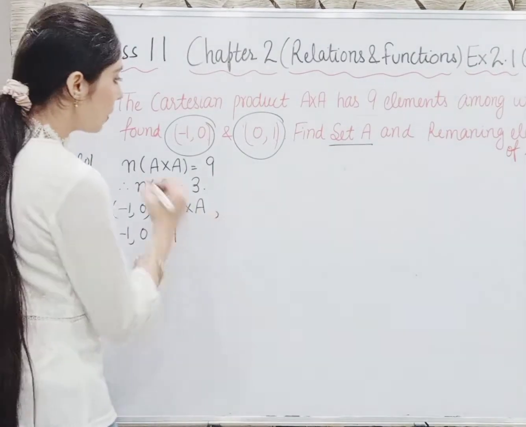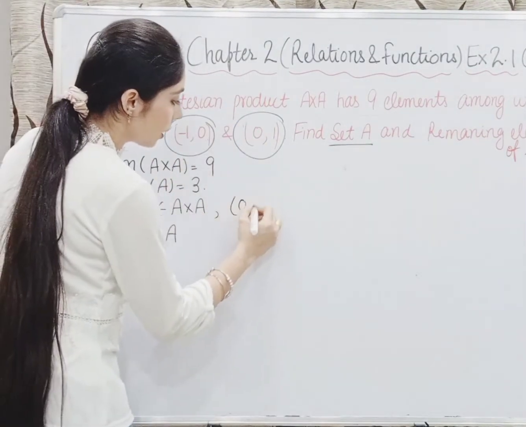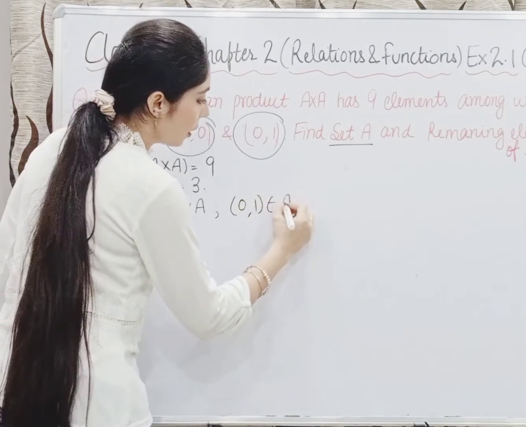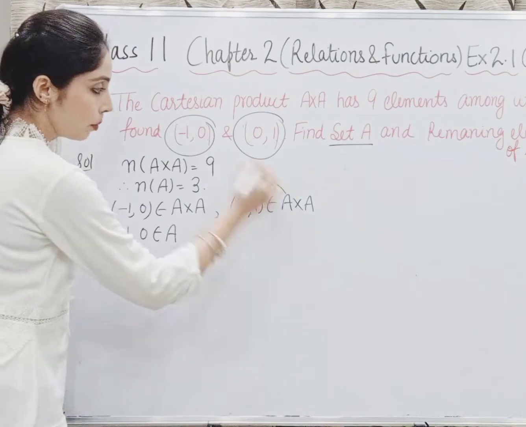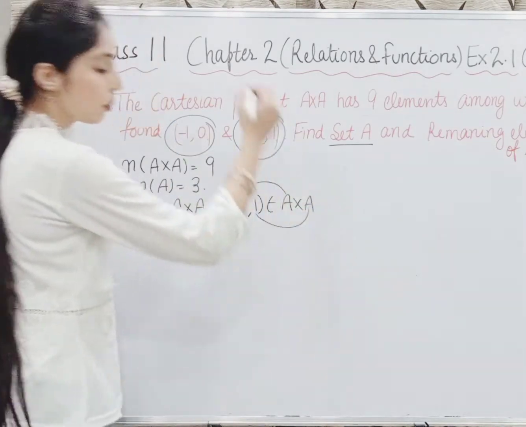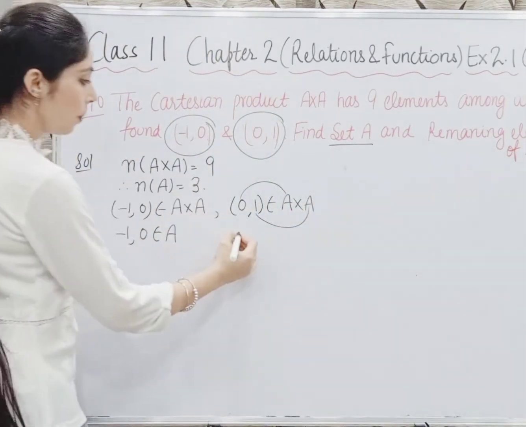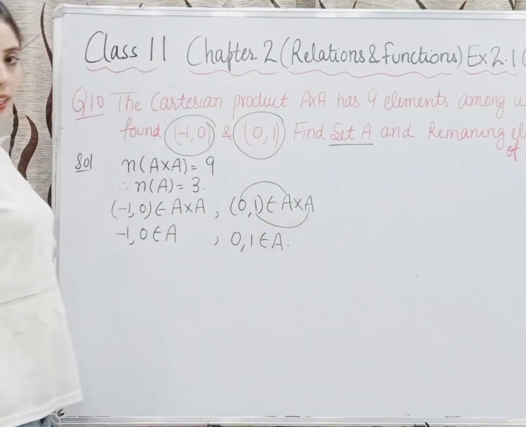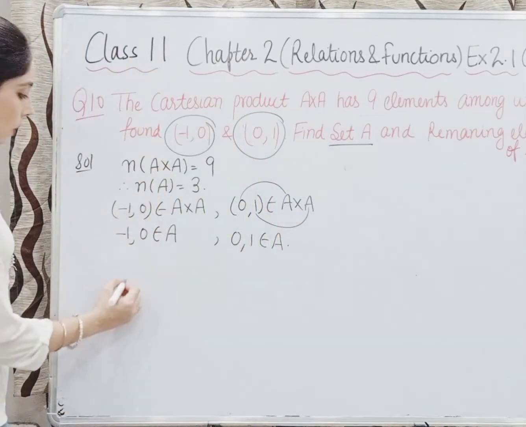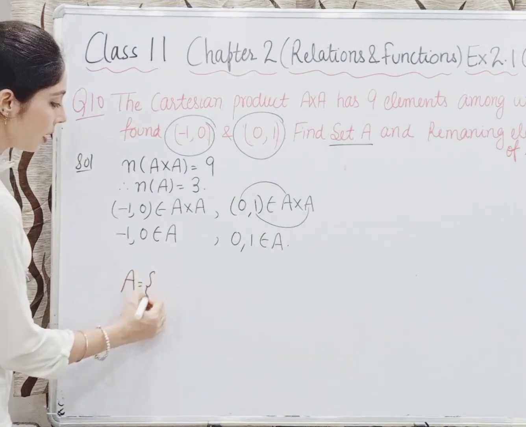Okay, also it is given that 0, 1 is an element of the Cartesian product. Okay, so the first element belongs to the first set and the second element belongs to the second set. So 0 and 1 belong to set A. Okay, so how many elements are in A?